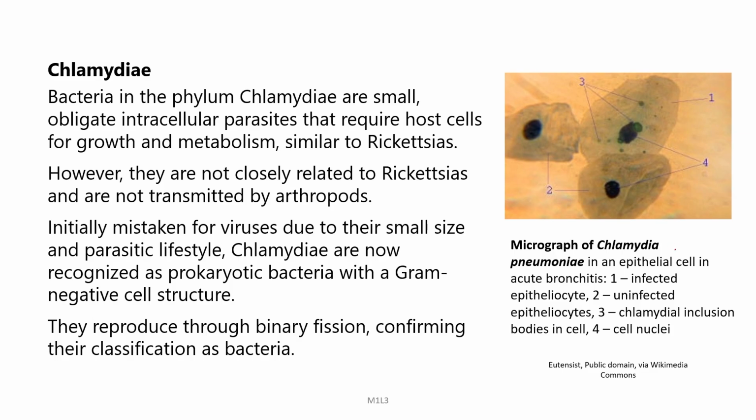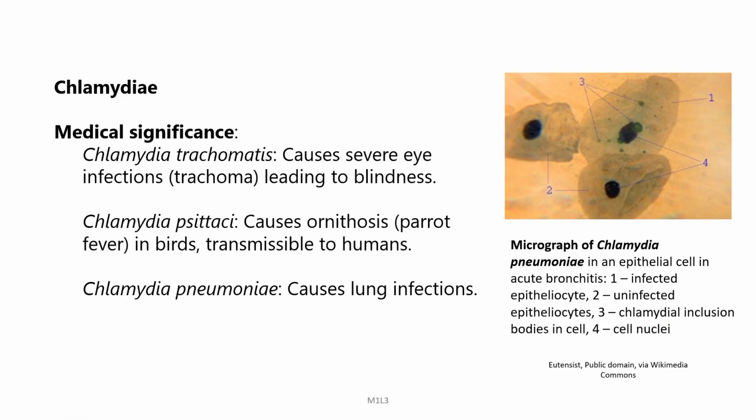There is a micrograph of Chlamydia pneumoniae over here in an epithelial cell in acute bronchitis, in which number 1 shows the infected cell, number 2 shows the uninfected, the chlamydial inclusion is number 3, and you can see the cell nuclei in number 4. So, Chlamydia has a lot of medical significance.